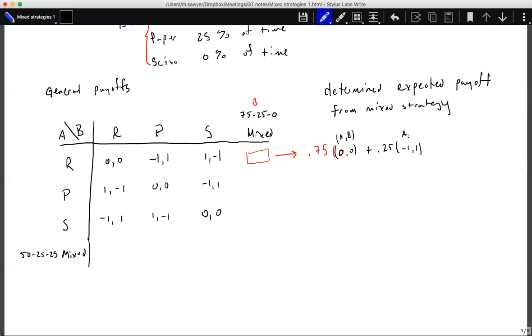And this is our A-B payoff. And so we sum these together, and then finally 0% scissors, so we have 1, -1.